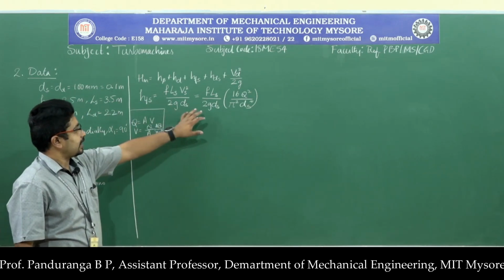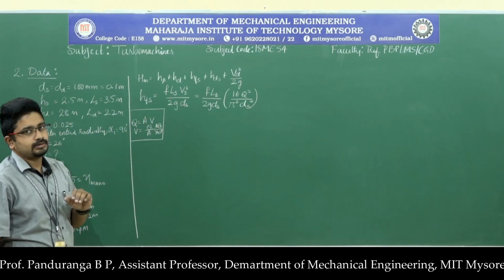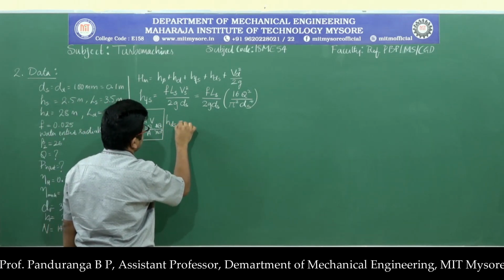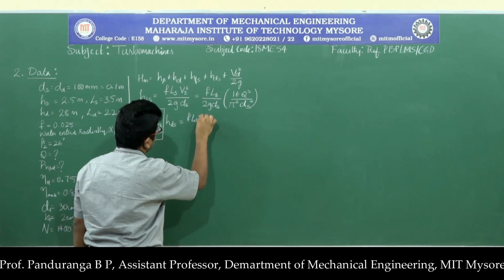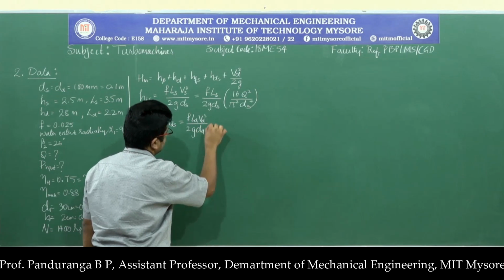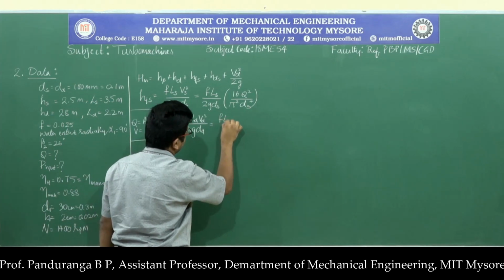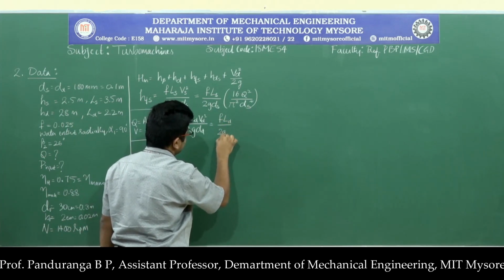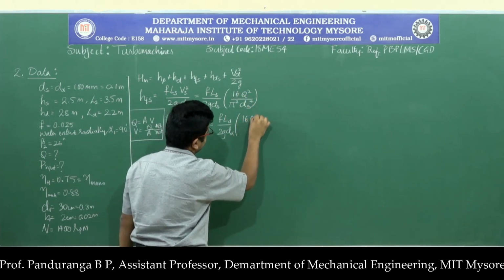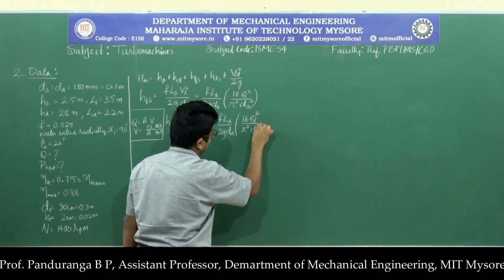Okay, that is the friction loss in the suction pipe. Now I will write Hfd, which is equal to f Ld Vd square divided by 2g dd, where dd is the diameter of the delivery pipe, which is equal to f Ld divided by 2g into dd multiplied by, similar to this, 16Q square divided by pi square into dd to the power of 4.